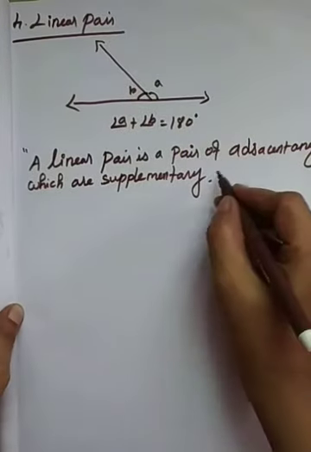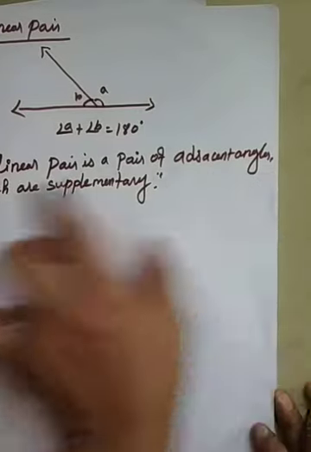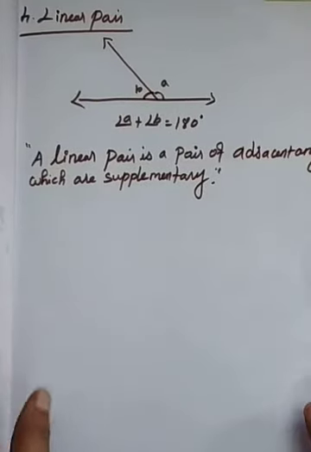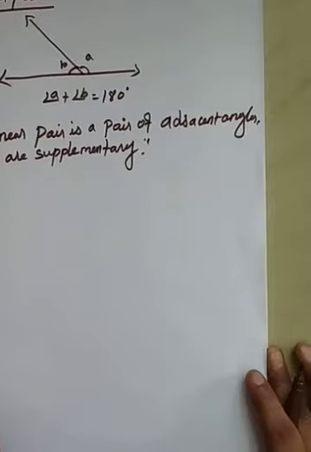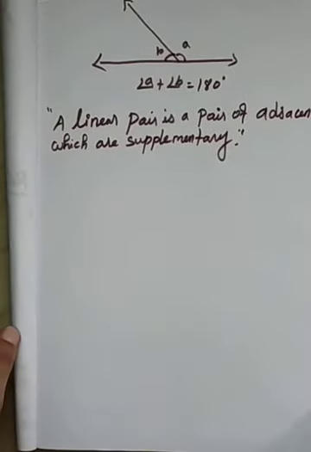Clear? In a linear pair, the non-common arms are opposite rays.